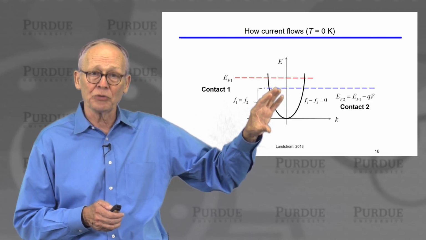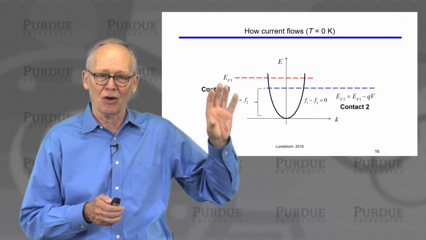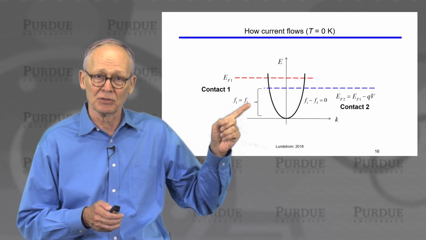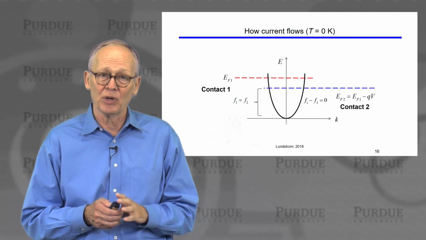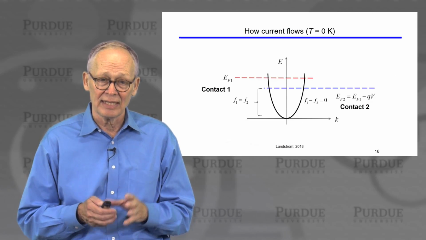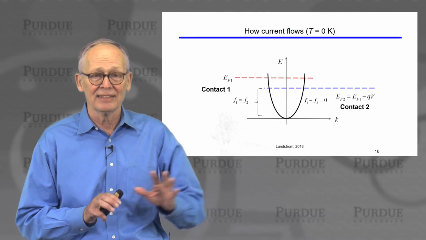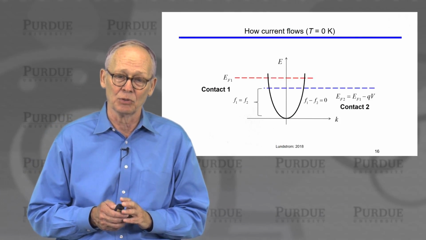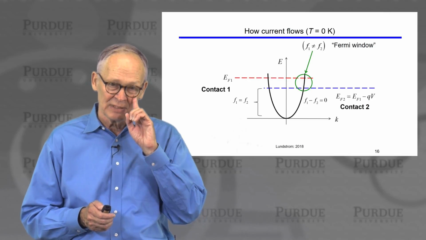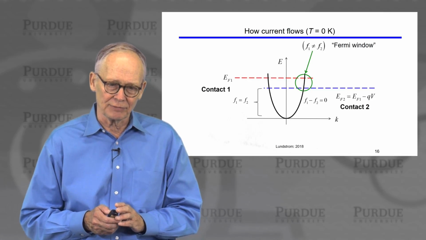So if I'm below both Fermi levels, then all of those states are filled from F1, and they're filled according to F2. So F1 is equal to F2 is equal to 1. Those states are filled. F1 minus F2 is 0. These states will contribute nothing to the flow of current. It's only states in this Fermi window that will contribute to the current flow.